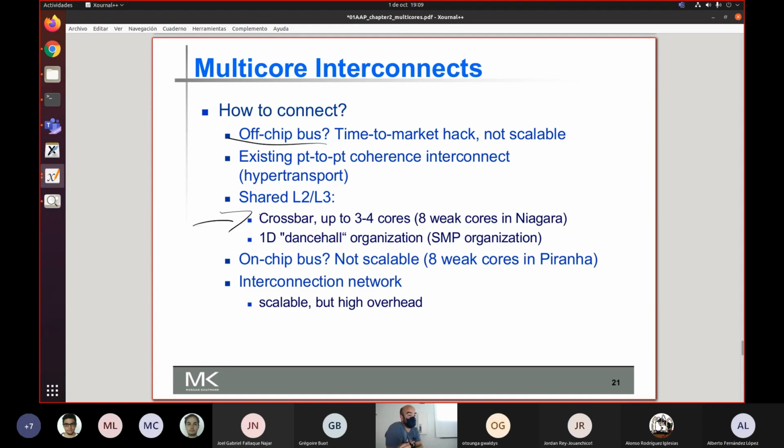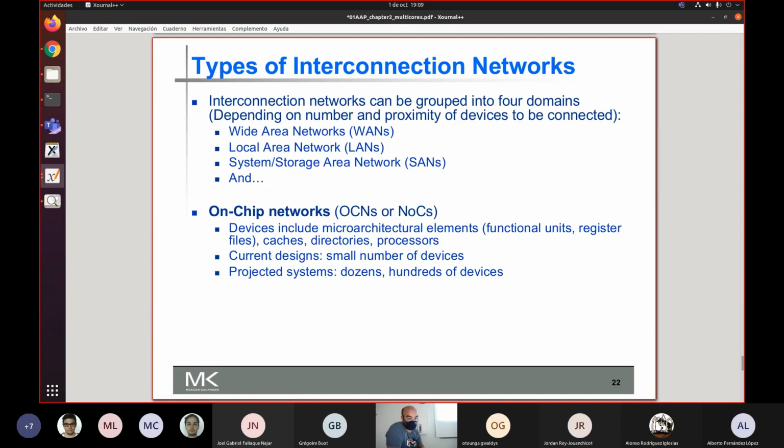So this is just a discussion about different interconnections. This is nothing specific to multi-core processors. It only says that there is a type of network, on-chip networks, used to interconnect different components of a chip, of the processor. And in this case, we are connecting different cores.